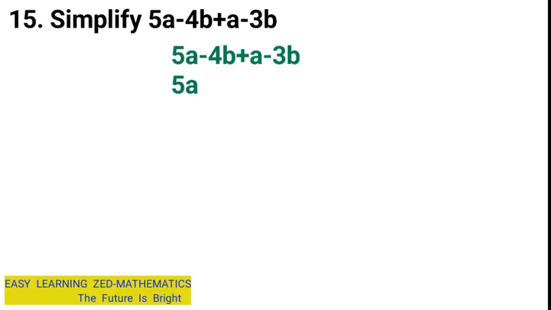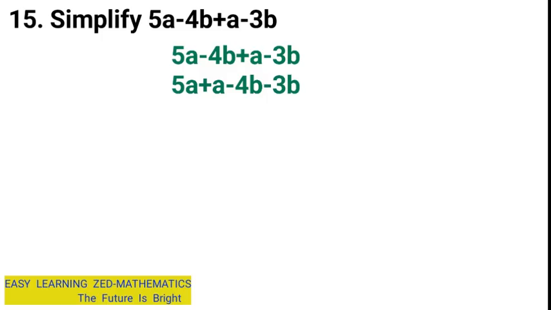So I'm going to write 5a, then I'm going to look at any term that has got a in it. I've got a there, which is positive a, so it's going to be 5a plus a. Then next I'm going to write minus 4b, and the other term that is similar to 4b is 3b, so it's also minus 3b.